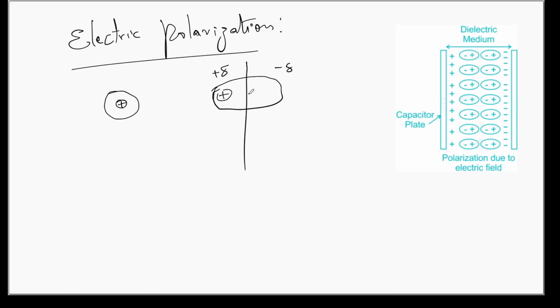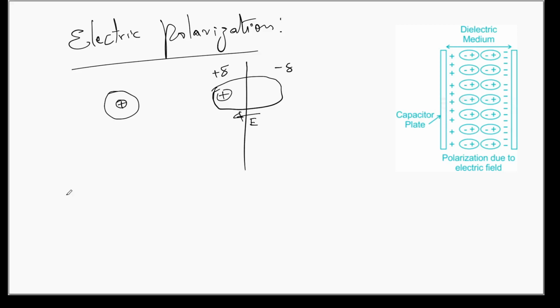And the separation will cause the production of a dipole in a molecule when the dielectric molecule is placed in an electric field. The electric field we are applying in this direction. The electron cloud is attracted to this side and the nucleus is relatively pushed away from the mean position. So this constitutes a dipole, and in a piece of material we have several such molecules. The process of converting dielectric molecules into dipoles is called electric polarization.